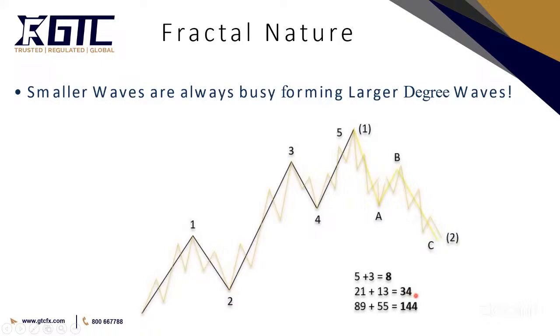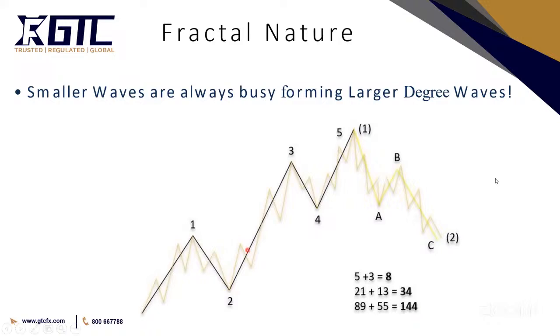One more step further, this wave 1 would again be subdivided into 5 waves, correct? So if you start counting 5, 3, 5, 3, 5, 5, 3, 5, 5, 3, 5, 3, 5, 5, 3, 5, and 5, 3, 5, 3, 5, that would come to 89, and 55 equals 144 waves.